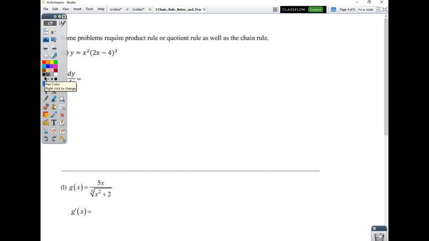Which two rules do I have to apply? Product rule, because of x squared times 2x minus 4 to the third. So this is a product rule with chain rule. Because where is the chain rule going to come into play? The derivative of the 2x minus 4 to the third power.